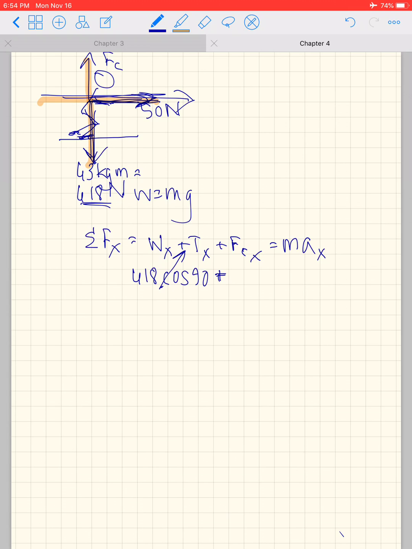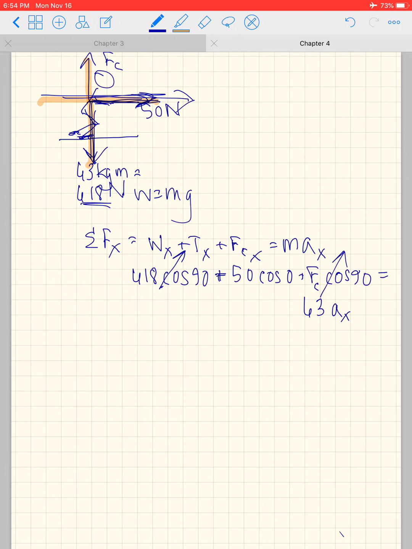So I'm making it positive, and I know that it's 50, and it's going to be cosine of 0, plus F sub c, which is my weight, and I could put that in there, but guess what? It's F sub c cosine of 90. I already know that that's going to be nothing, is equal to the mass, which is 63, a sub x.